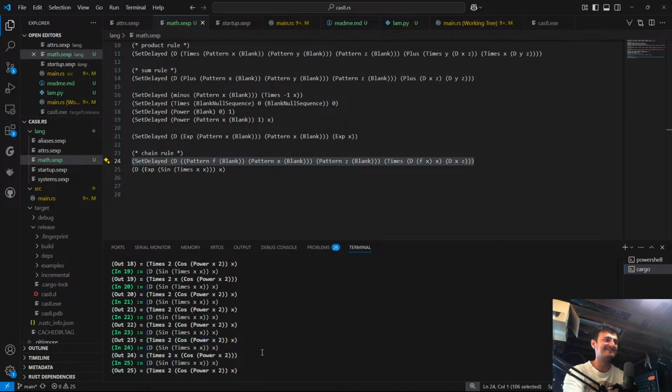Is there a pattern to it? I don't know. Kind of seems like a coin flip. That's so weird, dude. Okay, so anyway, if we think about this, we get this right because it's 2x cos x squared.